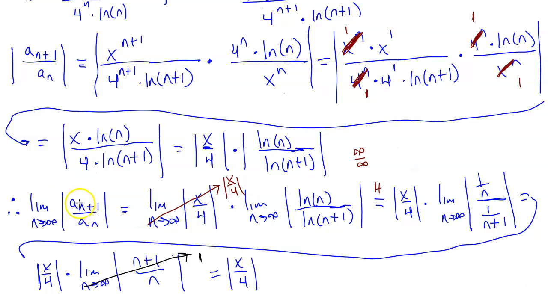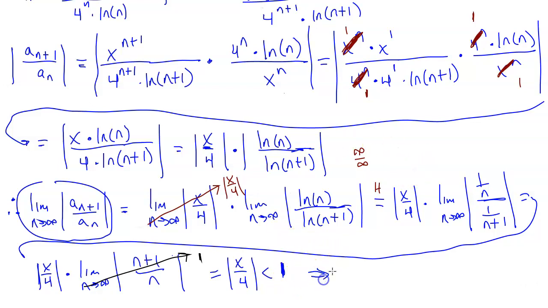And of course, what we want to know here is when is this particular limit going to be less than 1. So what we want is, when is that going to be less than 1?